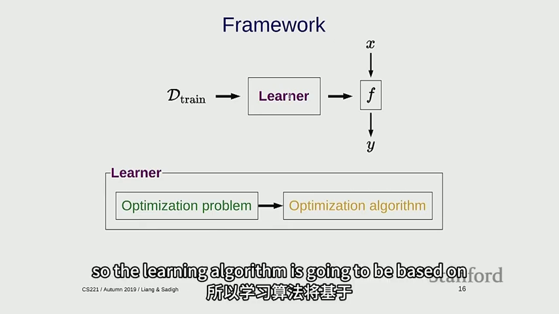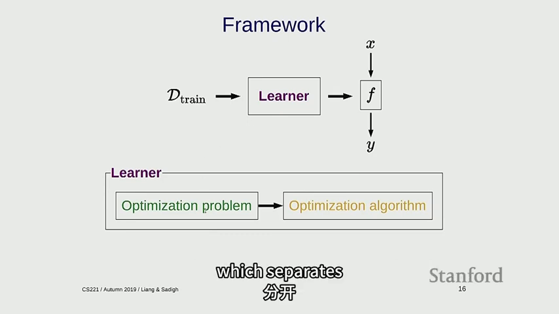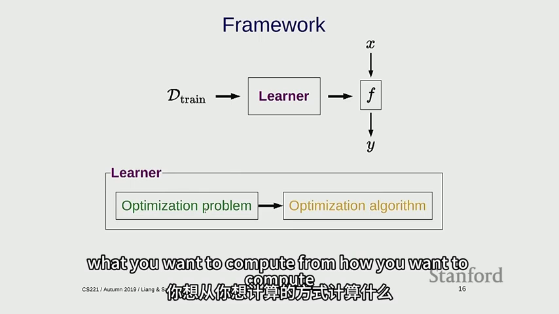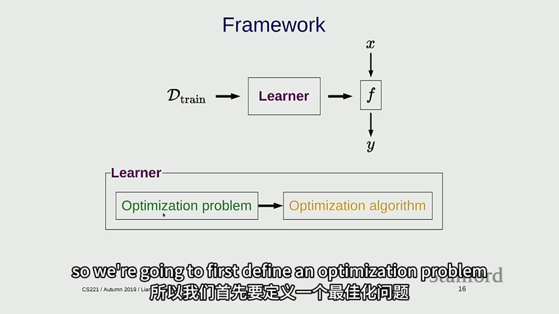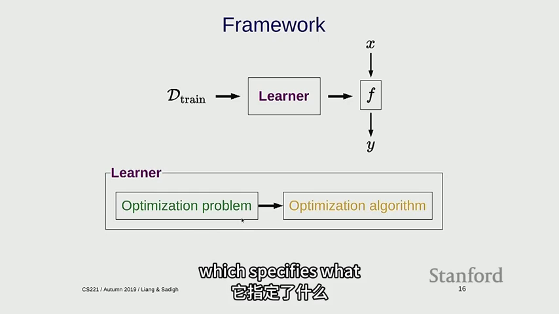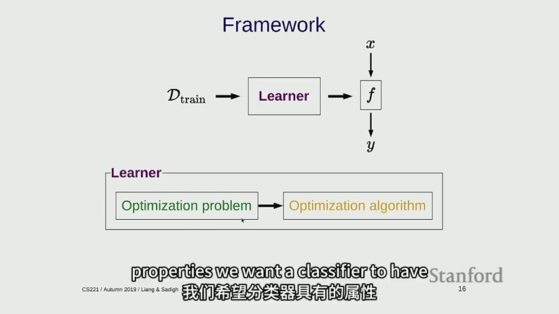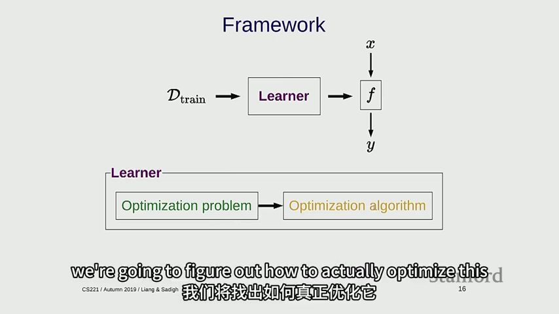The learning algorithm is going to be based on optimization, which we started reviewing last lecture, which separates what you want to compute from how you want to compute it. So we're going to first define an optimization problem, which specifies what properties we want a classifier to have in terms of the data. And then we're going to figure out how to actually optimize this.